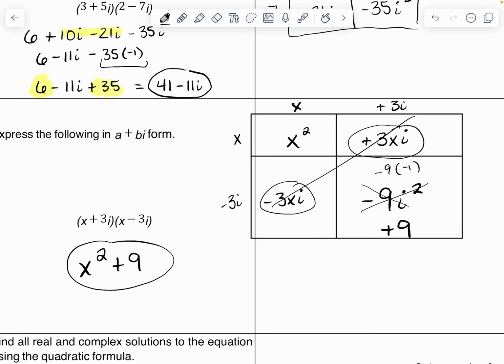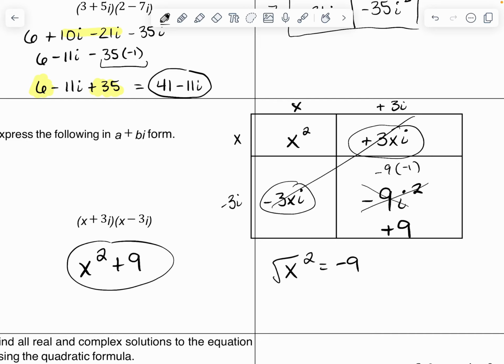And why does this make sense? That's my answer. Well, we could take this a step further and really expand upon that. If I were to try to solve that, and I were to move the 9 to the other side of the equal sign, we would have x squared equals negative 9.